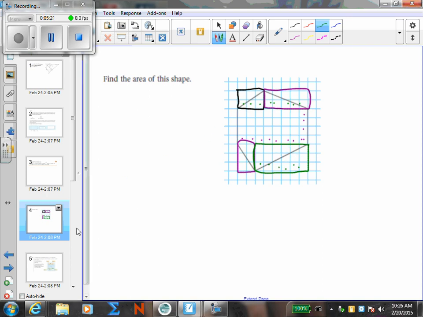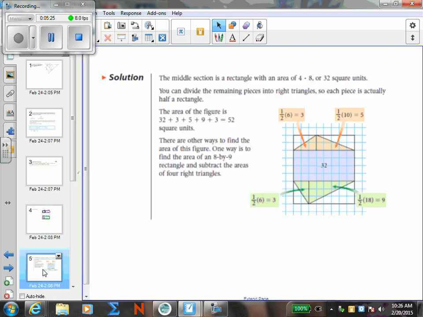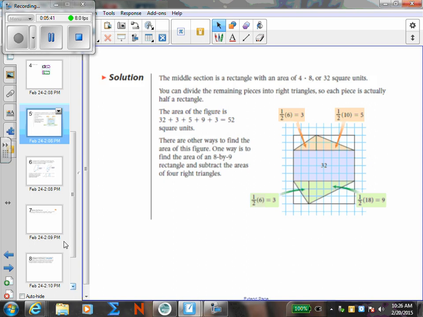Again, we only want half. So if you take all the areas and add them up, we will have an area of 52. Okay, so you can always make rectangles out of any shape to find the total area.